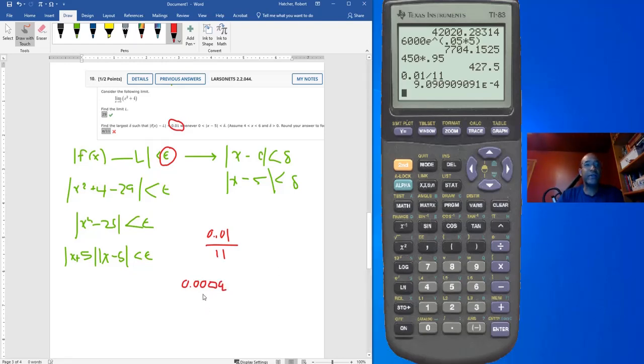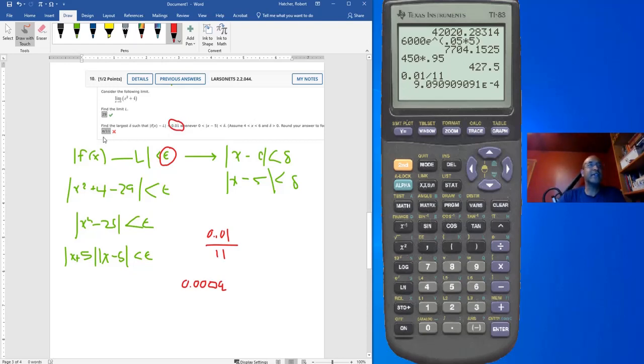Yeah, that's what it is. So 0.00009, the next digit is 0, so that would be the answer that they're looking for. So the good news here is you were doing it right. You were just following my instructions and how I did it with epsilon. Just with WebAssign, you'd use this number.